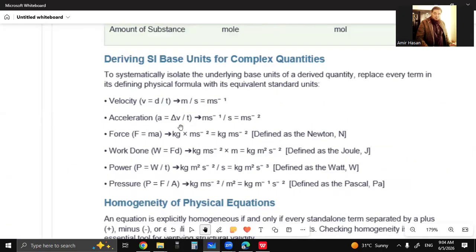Acceleration we represent by velocity over time. Velocity is basically derived, and time is base. When we convert velocity into base units, it becomes meter per second. It means velocity is made up of base quantities, and time is base. Base quantities are forming the derived quantities.